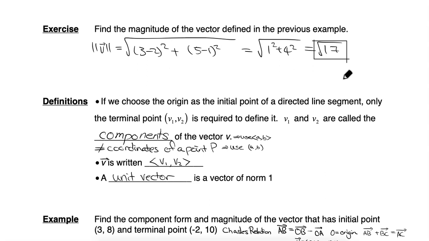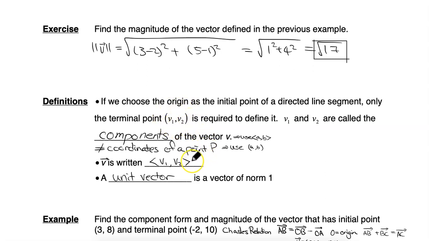A good place to always sketch vectors when you start is to put their initial point at the origin, and if you do that, then only the terminal point matters, and the terminal point, if it's v1, v2, then it corresponds to the vector v1, v2. Now here, when you put parentheses like that, it'll represent a point.